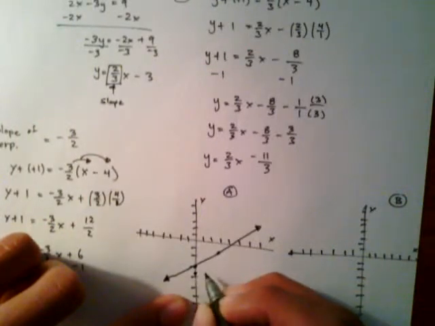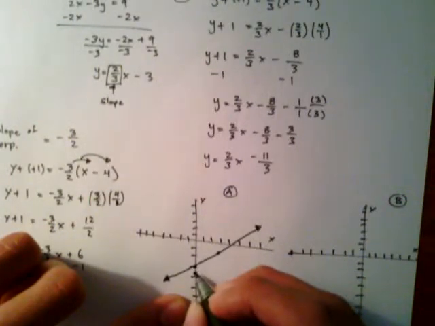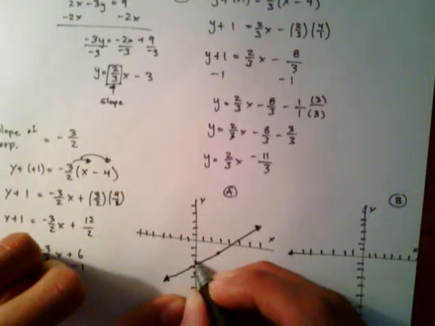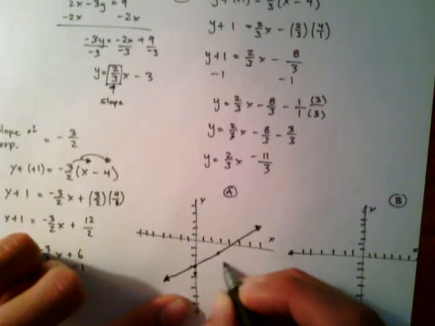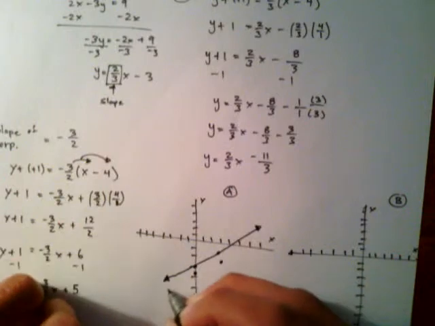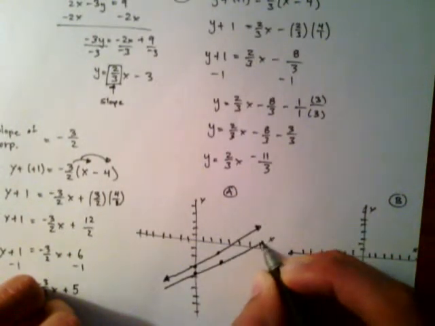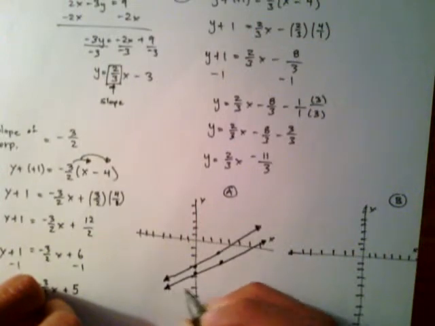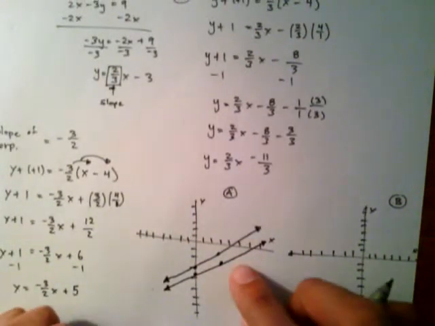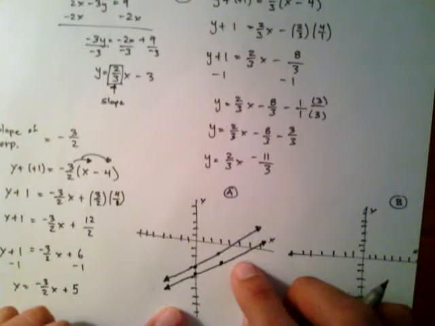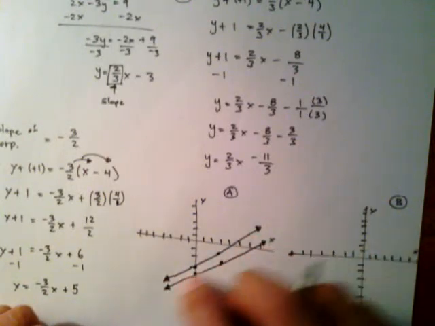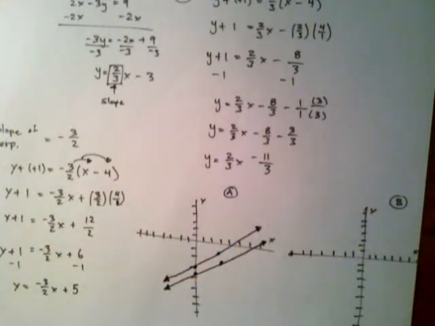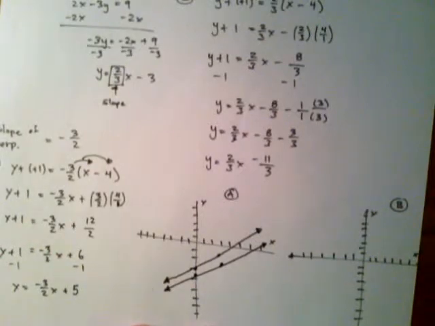Then we're going to go up 2, and then over 3. My lines aren't as accurate, but you can still see that the idea is there, where parallel lines will never intersect.